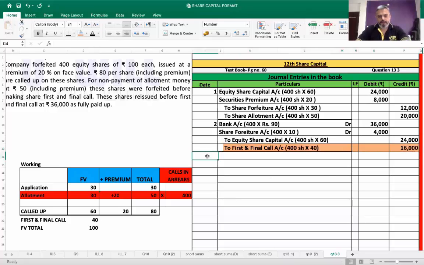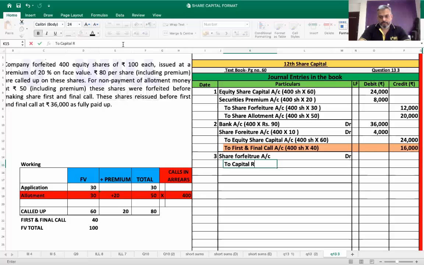Now third entry, share forfeiture account debit to capital reserve account.